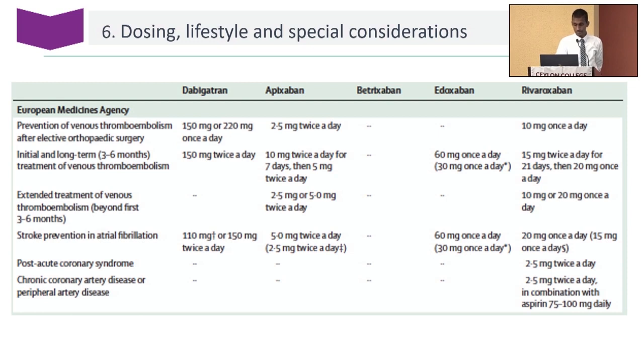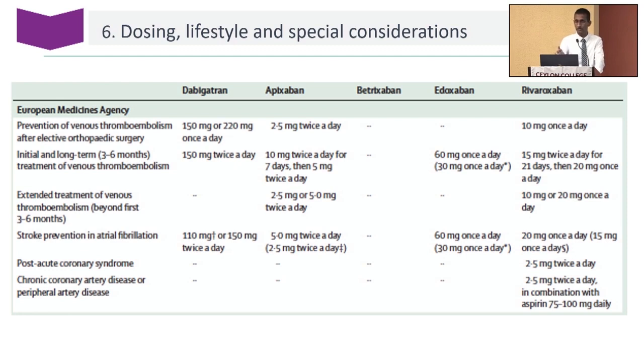For DVT, 2 anticoagulants, that is dabigatran and edoxaban, have to be covered with 5 days of heparin, right? So 5 days of either unfractionated heparin or low molecular weight heparin, followed by the standard dose of 150 or 60 in the case of edoxaban. For apixaban and rivaroxaban, there is no IV phase.